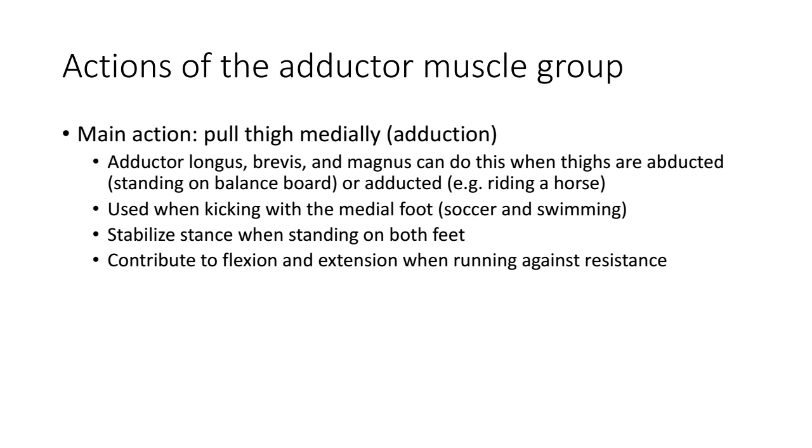The adductor muscle groups are also used when kicking with the medial foot, like in soccer and swimming, or they help to stabilize the stance when you're standing on both feet. And they also contribute to flexion and extension when you're running against resistance.